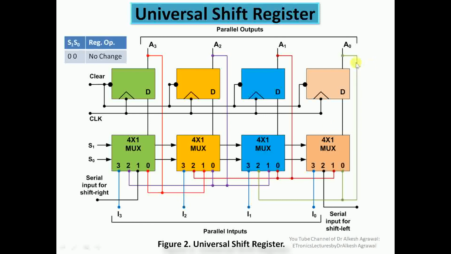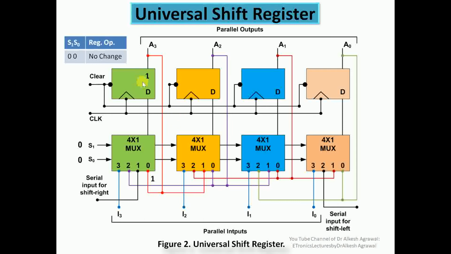So let us see the first operation as 0 0. We have animation effects in these slides, so we'll discuss them one by one. This is a 4-bit register as a whole. In this 4-bit register, the first flip-flop has the value 1 stored. Now we have given 0 0 as selection input.